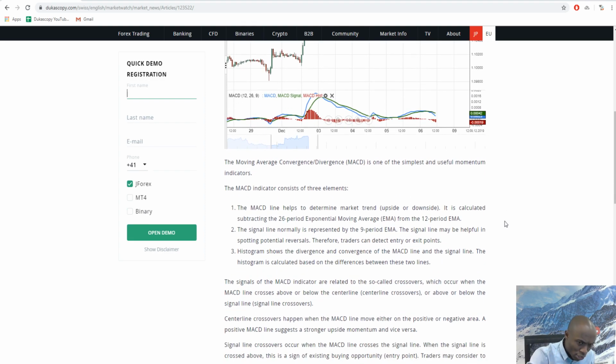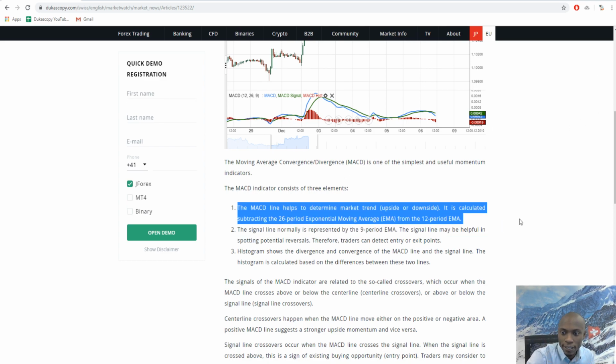and how you calculate the MACD line is the 26 EMA, that is the 26 period exponential moving average, minus the 12 EMA. That is where you get the MACD line. As you can see, she wrote it there. The MACD line helps to determine market trend.